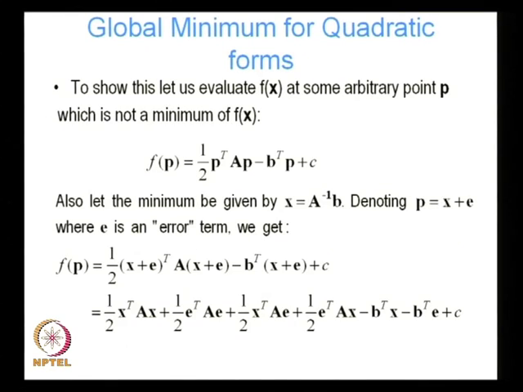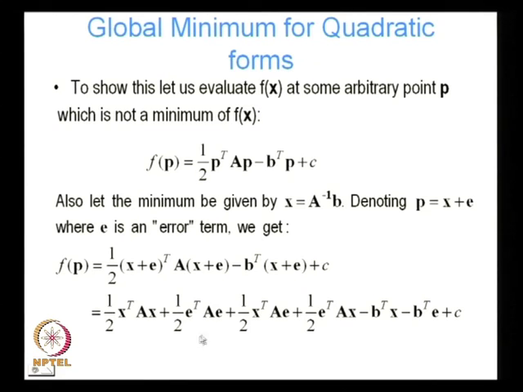Let us show that. To show that, let us evaluate f of x at some arbitrary point p which is not a minimum of f of x. Suppose we evaluate the quadratic form at some location p which is not at my root, not at my minimum.